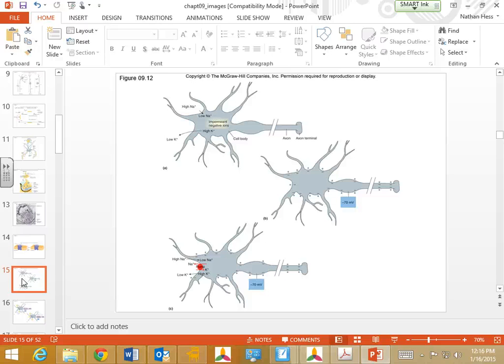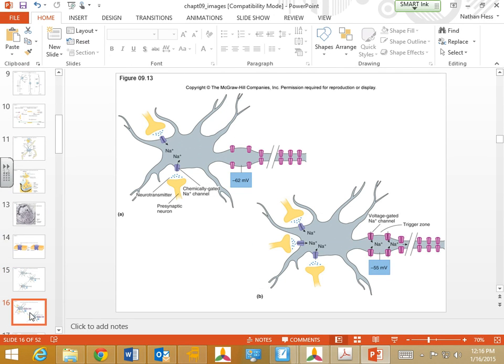And then a signal comes. If the signal reaches the threshold, if it's strong enough, that minus 55 is the threshold. If it's strong enough to make it react, then boom, it goes. That's where you've got these pumps that start working, flooding the inside with sodium.